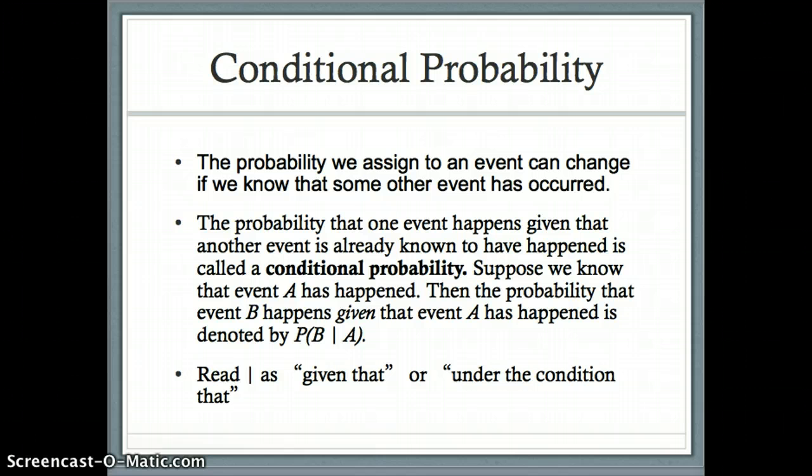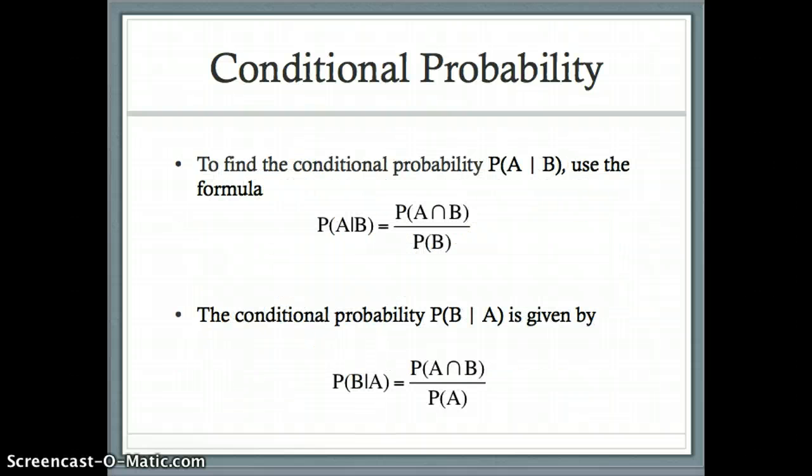Suppose we know that event A has already happened, then the probability that event B happens given that A has happened is denoted by the probability of B given A, or the probability of B under the condition that A happens. So generally your total outcomes here will be significantly different.